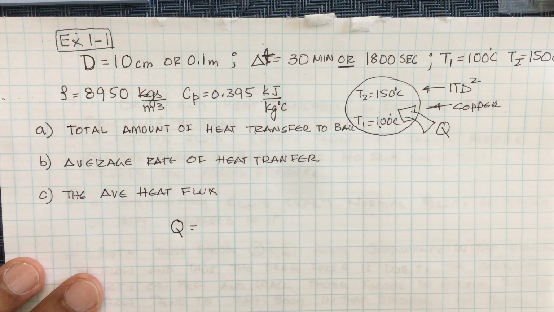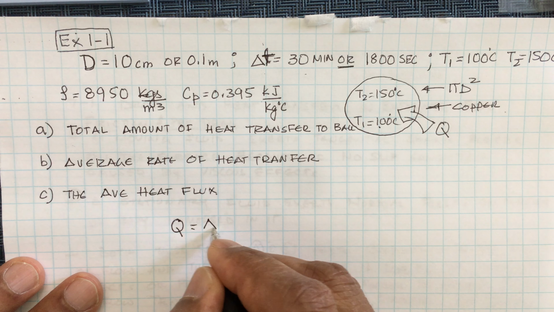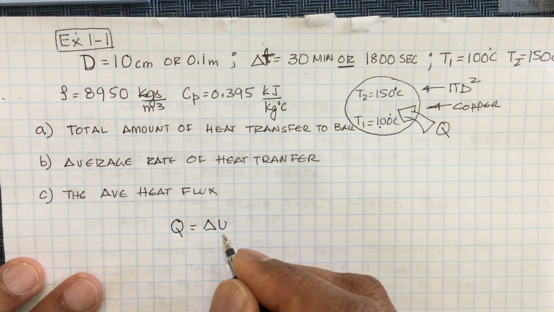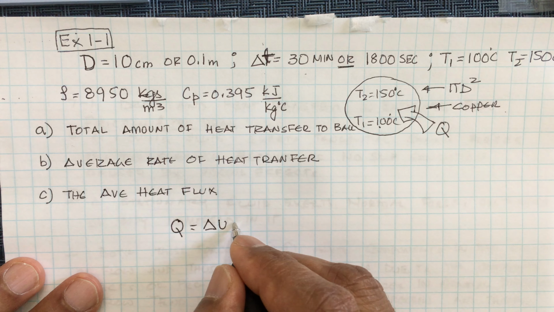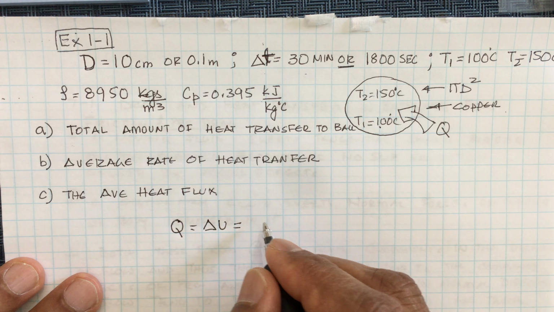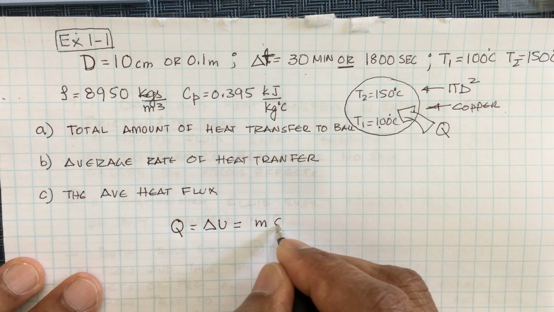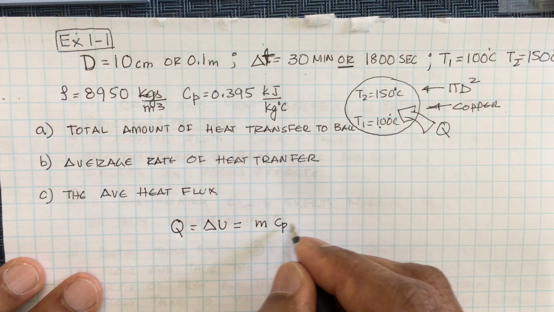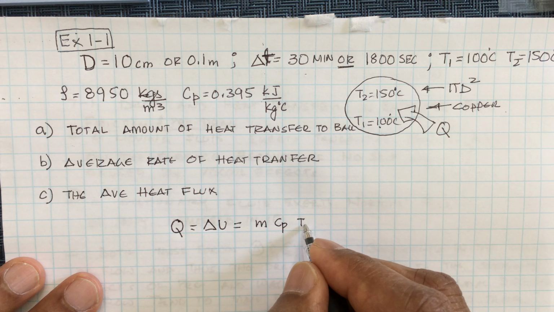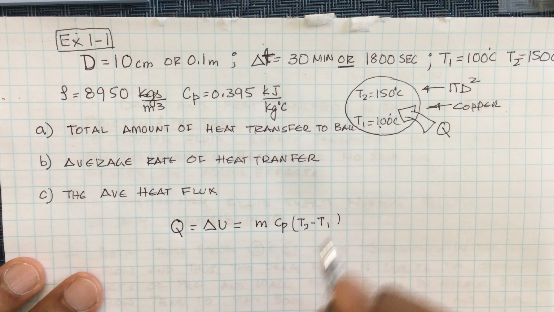You're changing the internal energy, so that is equal to delta U. And the change of internal energy is given by the equation mass times specific heat times delta T, that is T2 minus T1. Are we good so far?